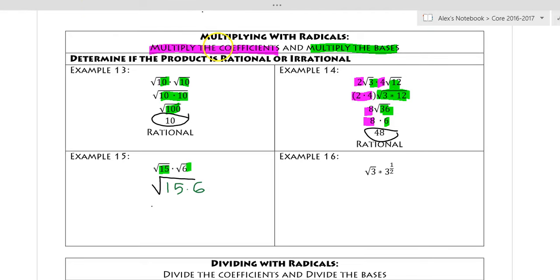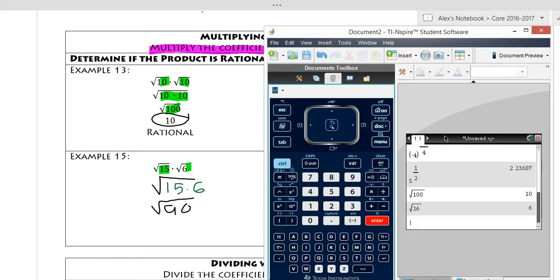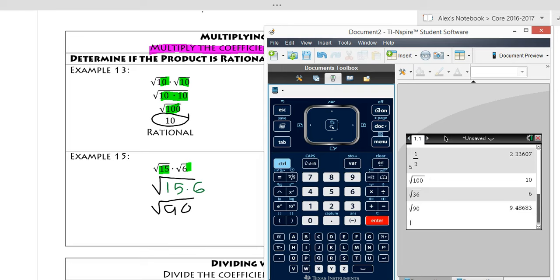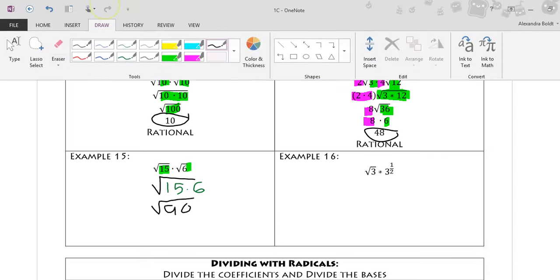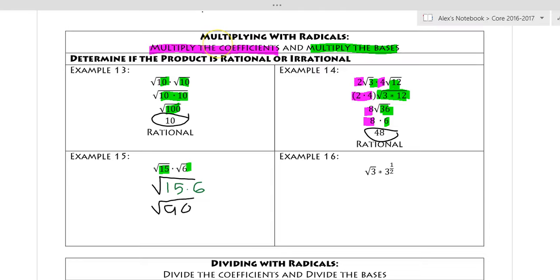When I write that out, you should get 90. Okay? So is the square root of 90 an integer, or do I get some weird decimal? And here I get some weird decimal. So then I can make the decision that this is irrational, because I don't get a nice integer, I just leave it as a radical.